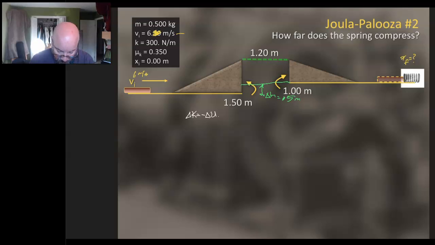Minus delta U G minus delta U E minus Q. Put in our equations here. 1/2 m v final squared minus v initial squared. And that's equal to minus mg delta H minus 1/2 k x final squared minus x initial squared.